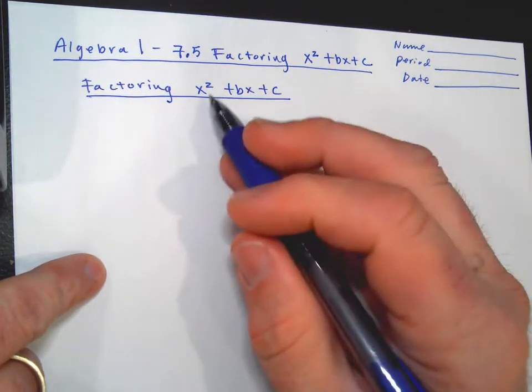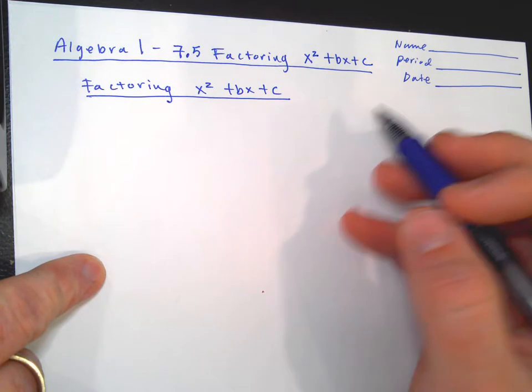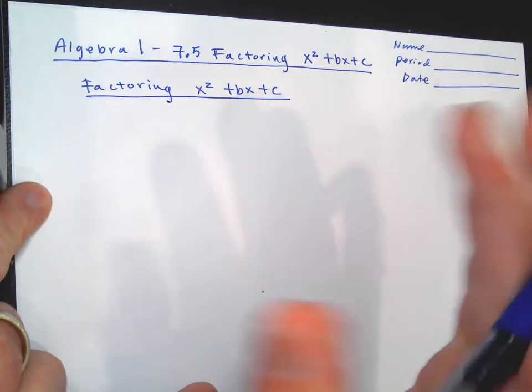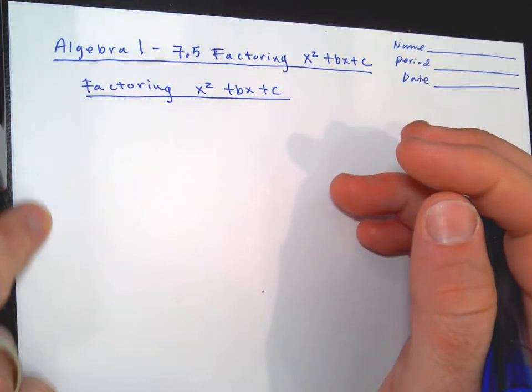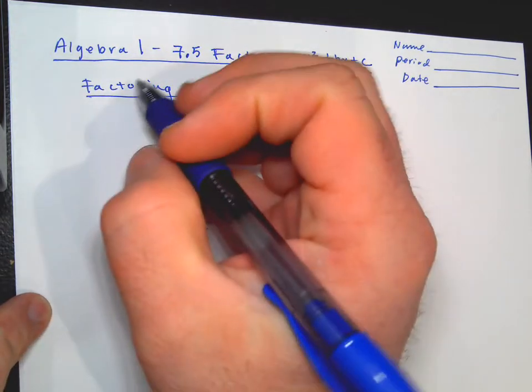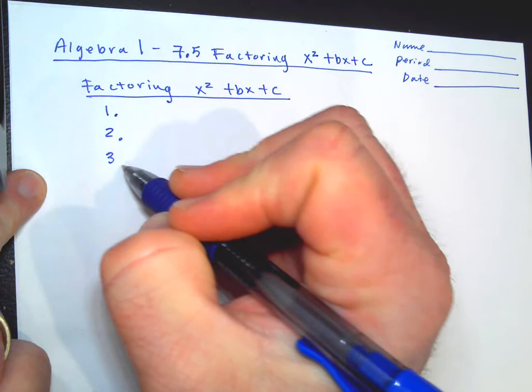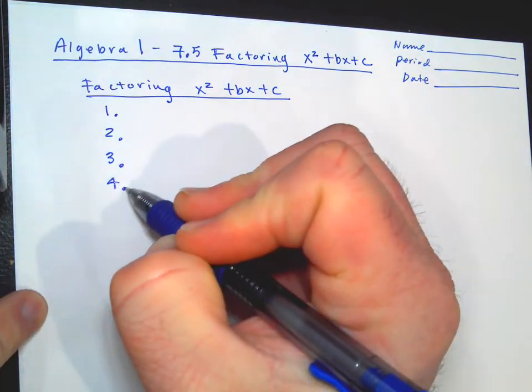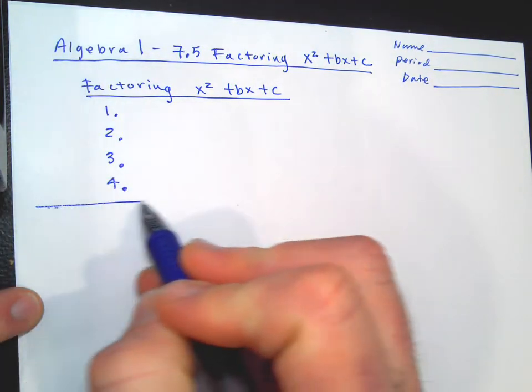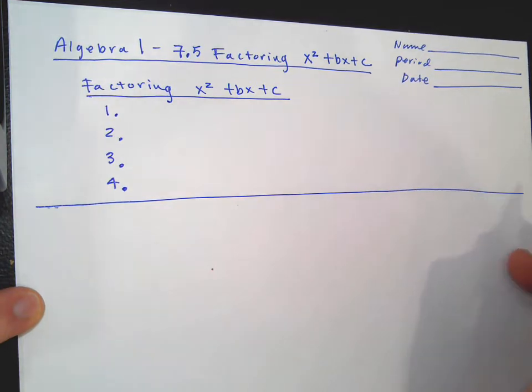But then if you have a trinomial, we're going to look at a certain group of them today. So I'm going to leave some room here for a couple major steps. Let's say 4 steps, and then we're going to work through some examples.